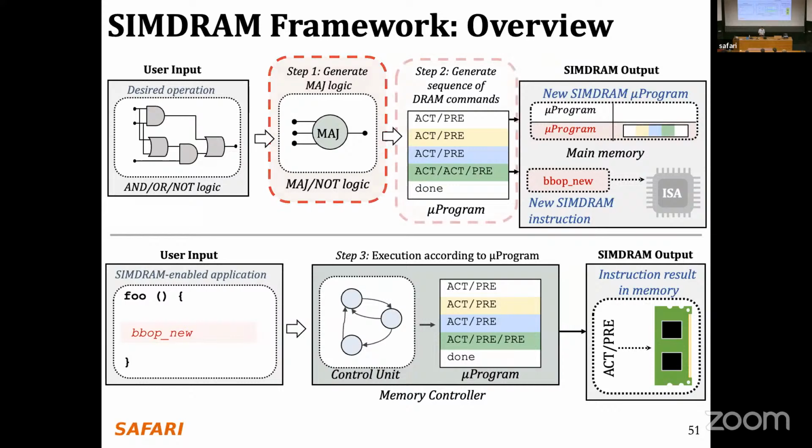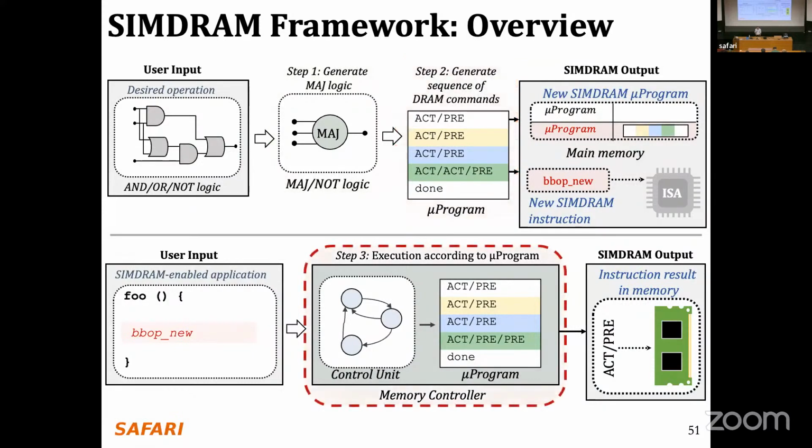The second step is responsible for translating this circuit represented using majority gates into a sequence of RowClone and Ambit operations, so in-DRAM row copies or in-DRAM majority operations that can represent that circuitry inside the DRAM array itself.